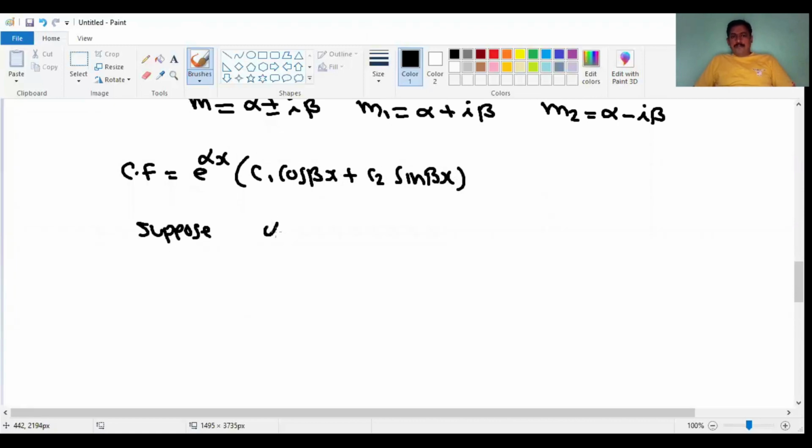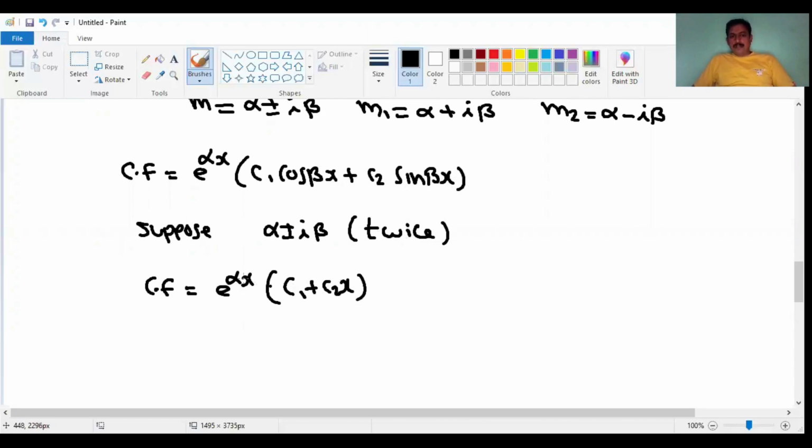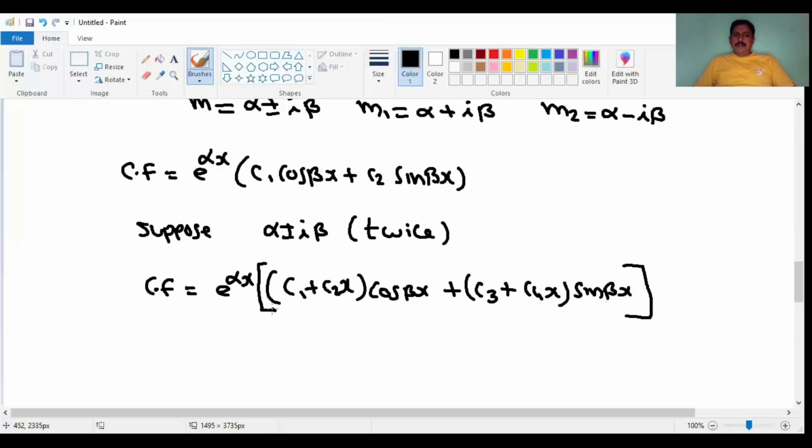Suppose alpha plus or minus i beta is repeated twice, we can write our complementary function as e power alpha x [(c1 plus c2x) cos beta x plus (c3 plus c4x) sin beta x]. So this is the way we can write when the complex roots are repeated twice.